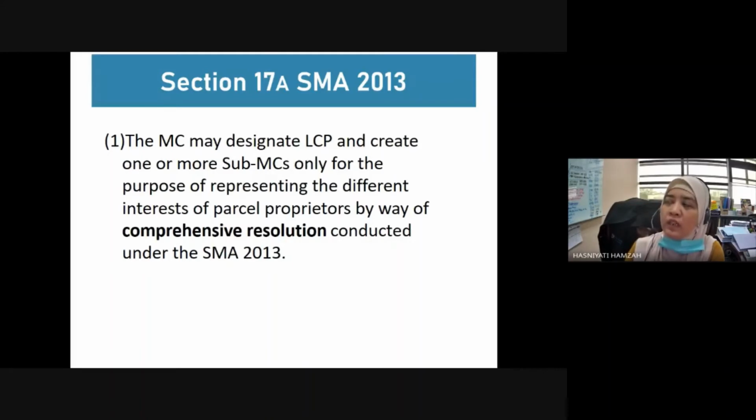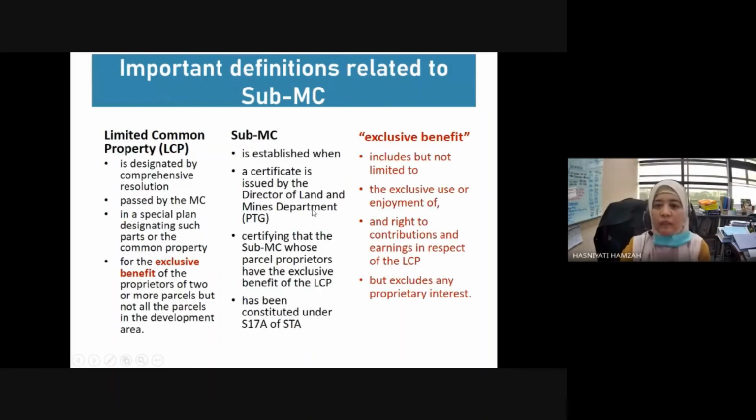So what is your answer now? Because it says proprietors, bukan user. Kan? Again, look at the definition. Use, enjoyment, this one, the LCP, for the exclusive benefit of the proprietors.